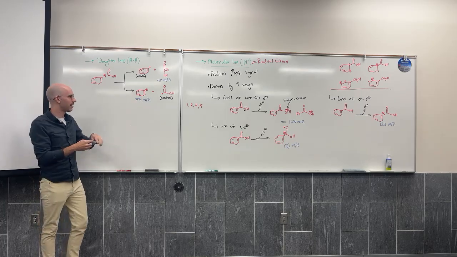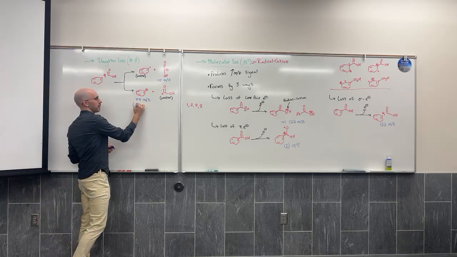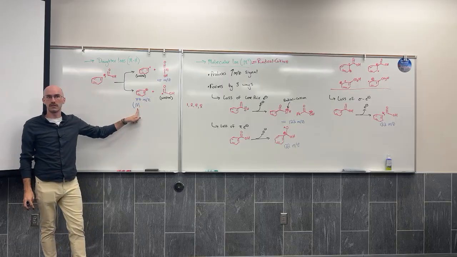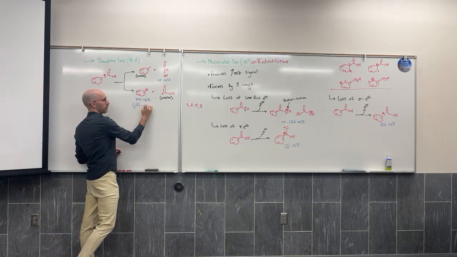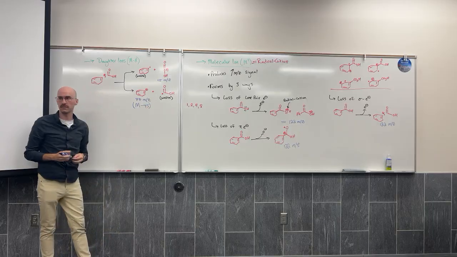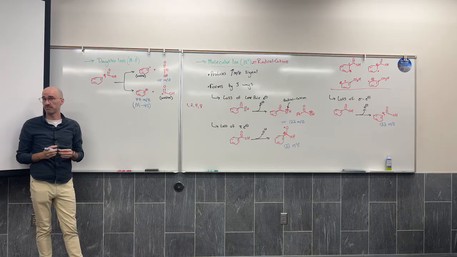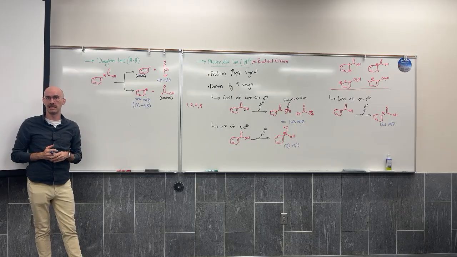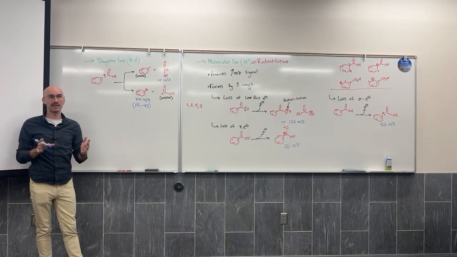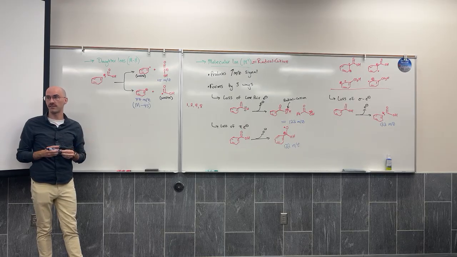The signal at 77 is the mass of the molecule less 45 atomic mass units. And that's how we can represent the signal at 77. It is the molecule less 45. 122 minus 45 gives us this 77.